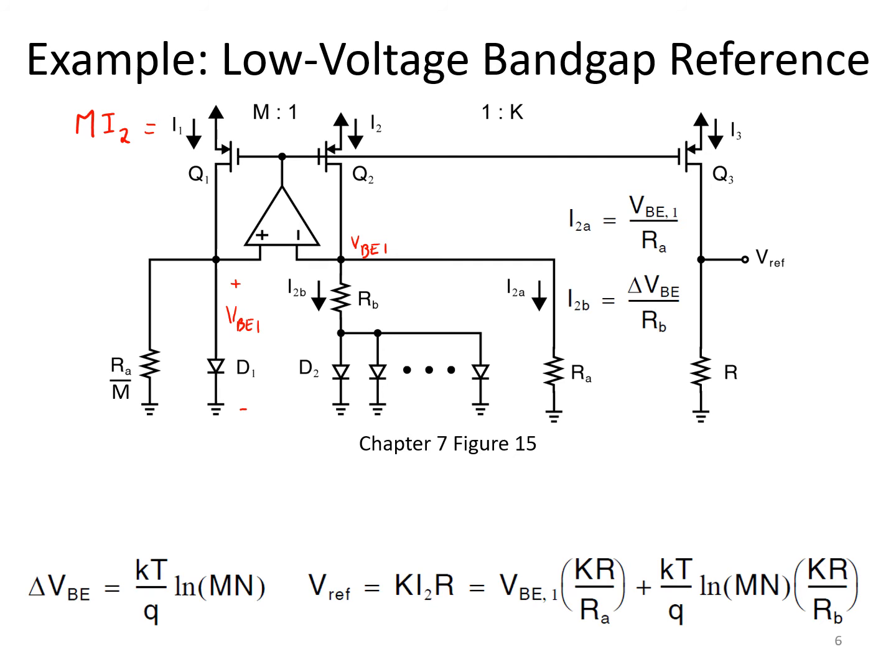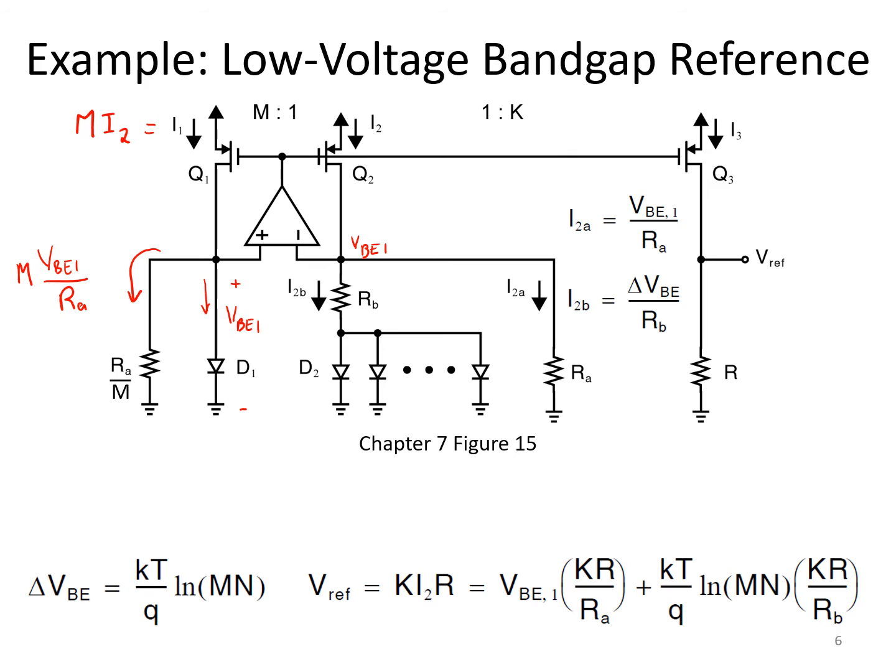Okay, so having established those voltages, the next thing to realize is that a portion of I1 that flows through here is going to be equal to VBE1 divided by the resistance there, which is RA over M. And the remaining current flows down through D1.